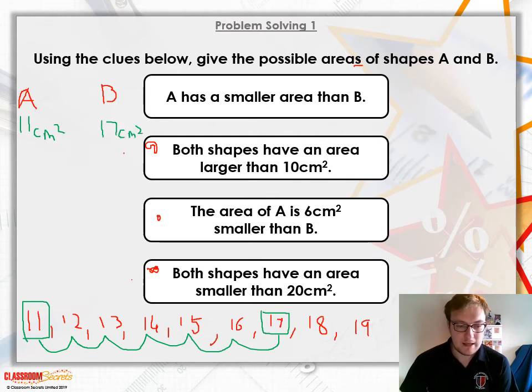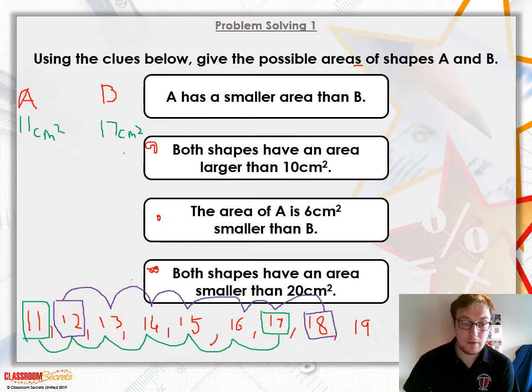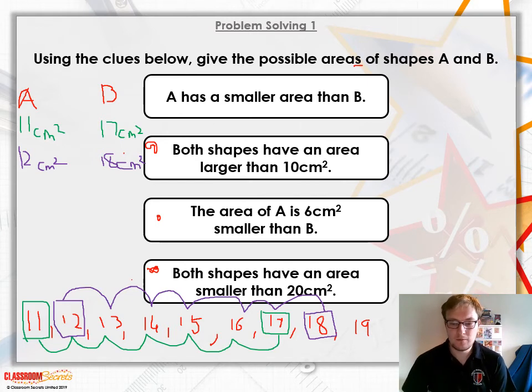Next one we could look at is 12. Again, we could count on 6. 1, 2, 3, 4, 5, 6, which gets us to 18. So that one could also be a pair: 12 centimeters squared for A, and finally 18 centimeters squared for B. And there's one last one we can do.